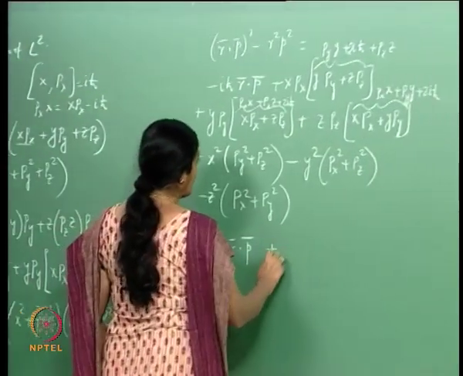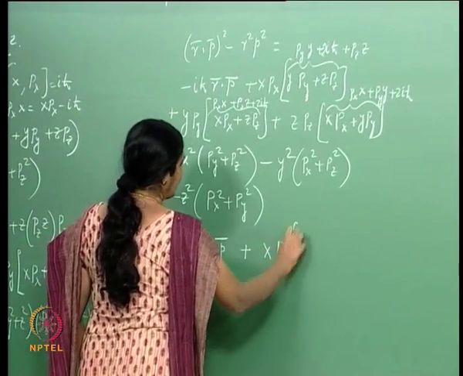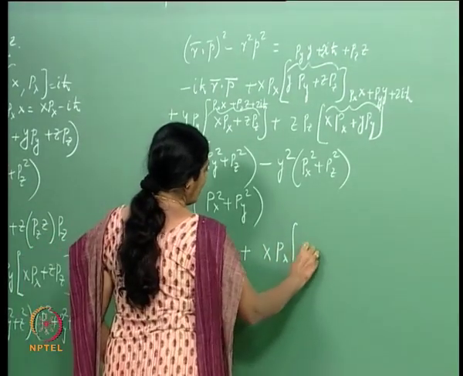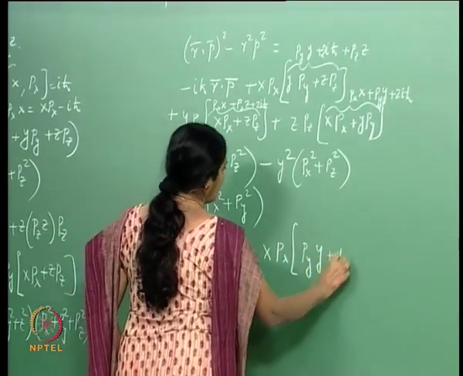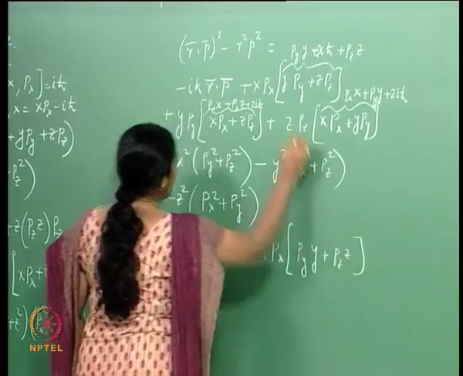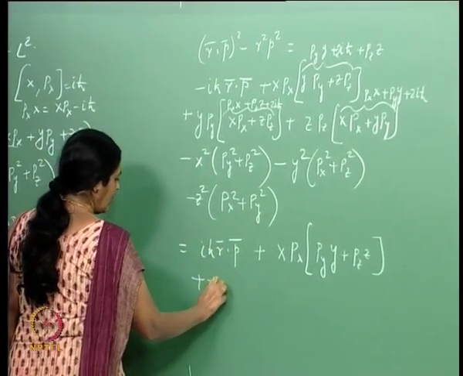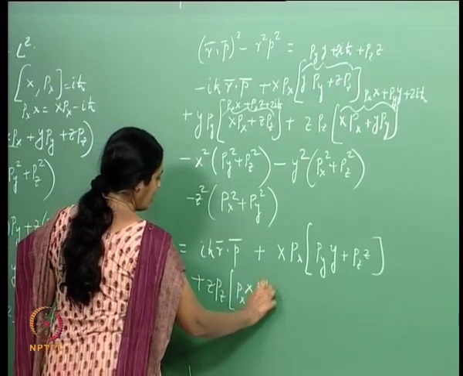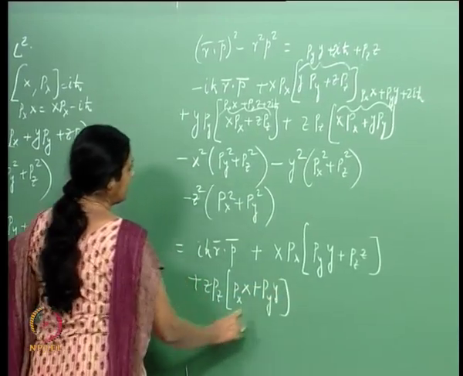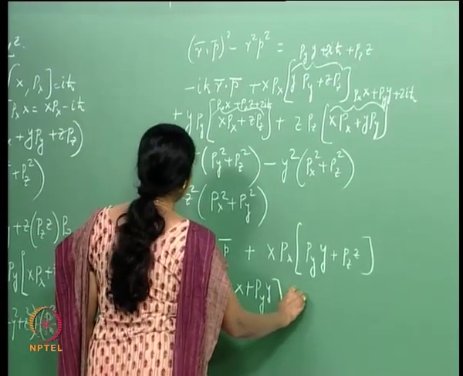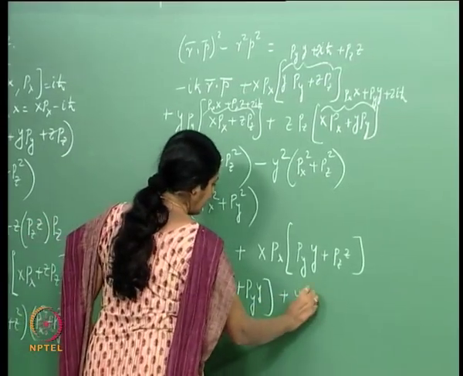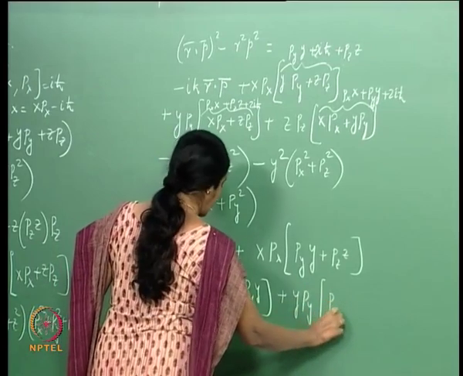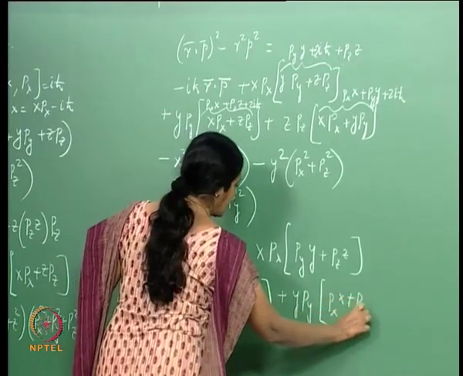And then, of course, I have the following things left behind: p_y y plus p_z z out there, plus z p_z times (p_x x plus p_y y), plus y p_y times (p_x x plus p_z z).